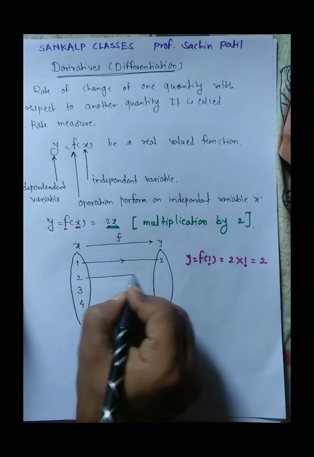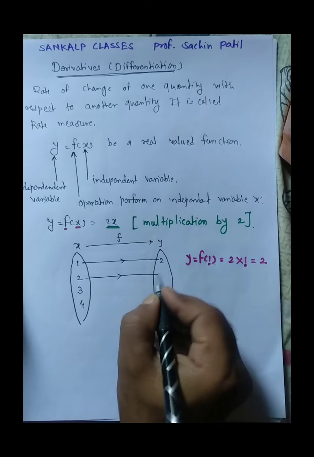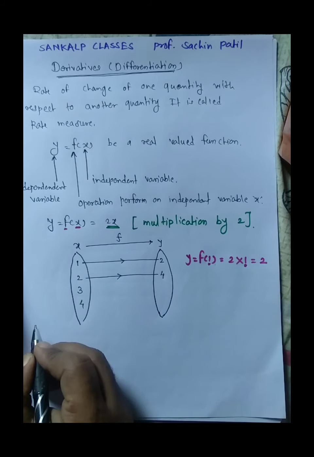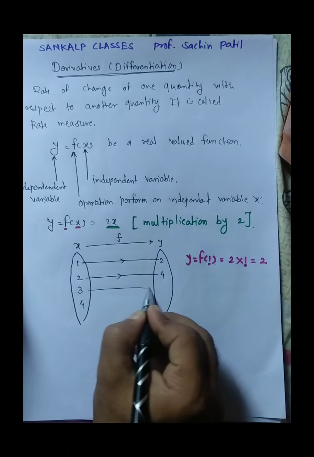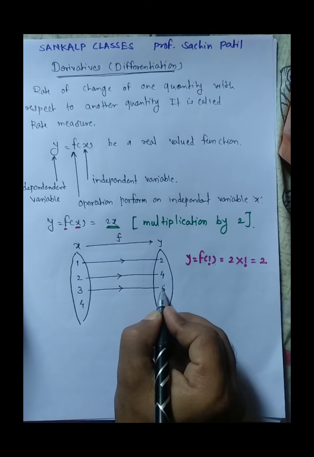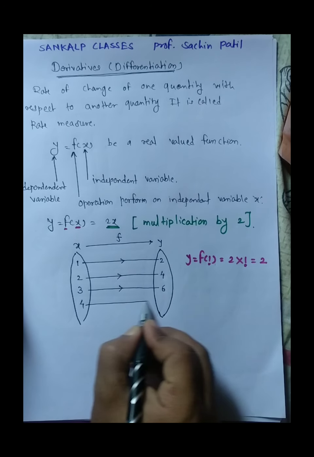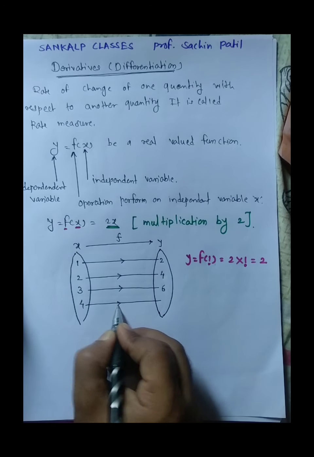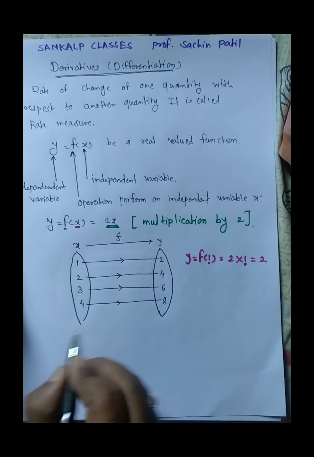If we put x equal to 2, then you will get y equal to 4. When we put x equal to 3, we get y equal to 6. If we put x equal to 4, then you will get y equal to 8.